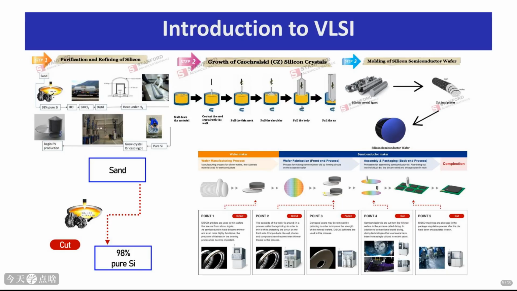Okay, so we have the transistors, but how do we actually make them? It starts with something incredibly simple: sand. Yes, silicon dioxide, or sand, is the main ingredient. But it's not just any sand. It needs to be purified to an astonishing degree, 98% pure silicon. Then comes the magic of the Czochralski method.